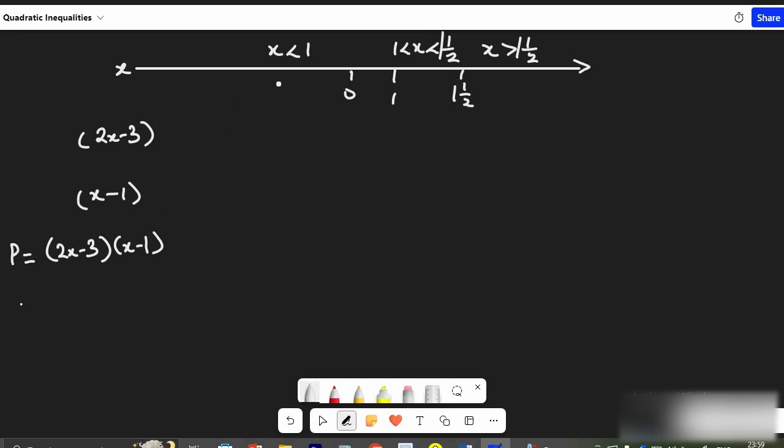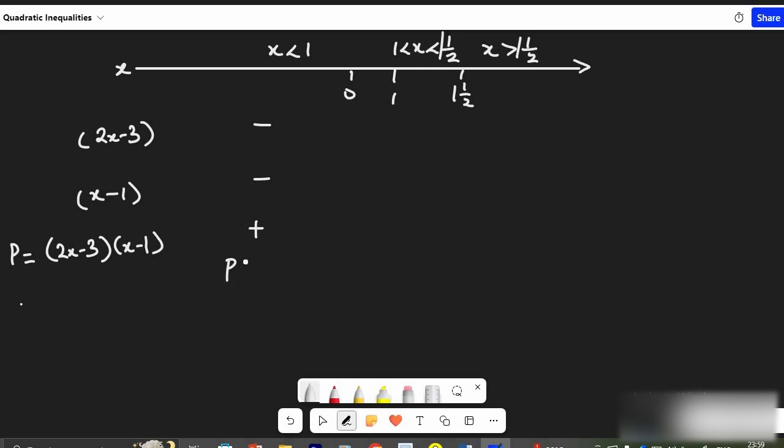So let's see how the function behaves around the roots of the equation. Okay, so where x is less than 1, we have that this factor 2x minus 3 is negative, so we write negative here. Where x is less than 1, we have that this is negative, and minus times minus is plus, so write that this is plus here.